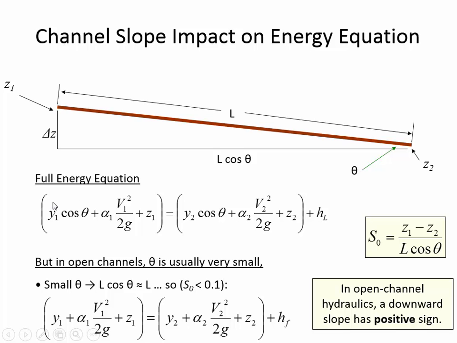The reason is that if we have a steep channel like this, with the water surface here, there's a difference between the vertical component of the depth and the component of the depth that is perpendicular to the flow direction. Water's going this way. So these two are going to have a similar length, but it's not exactly the same. So strictly speaking, the energy equation accounts for the cosine of the angle, where here's theta.